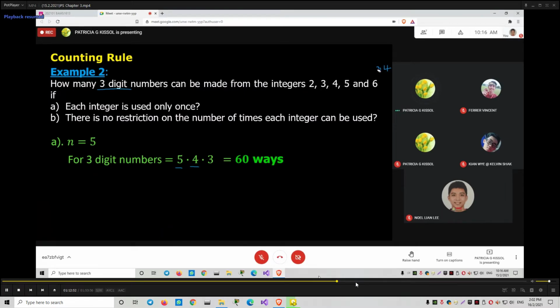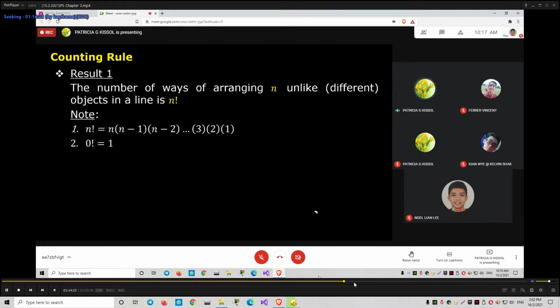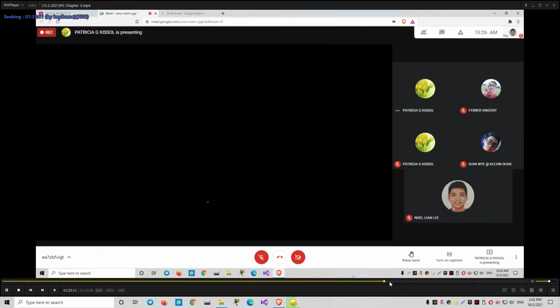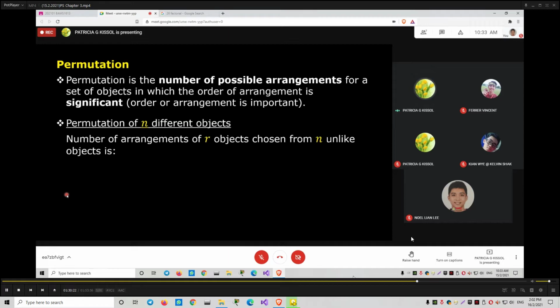We have the factorial symbol. Depending on how many n you have, the number of arrangements of r objects, where r is the number that you want to choose from n unlike objects, is given by this formula nPr: n permute r equals n factorial over n minus r factorial.